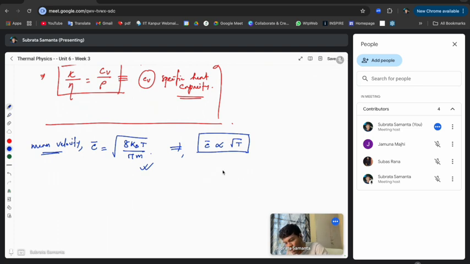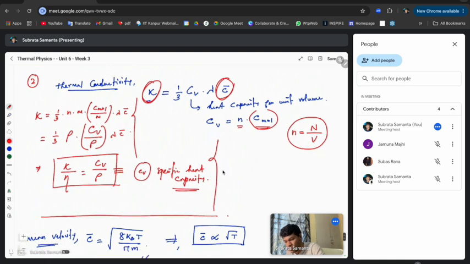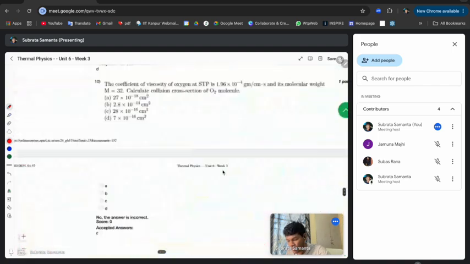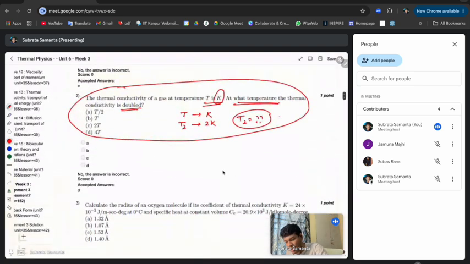So therefore the thermal conductivity kappa is also proportional to square root of T. This information is needed to solve this problem: at which temperature the thermal conductivity is double. Since K is proportional to square root of T, K1 over K2 equals square root of T1 over T2.